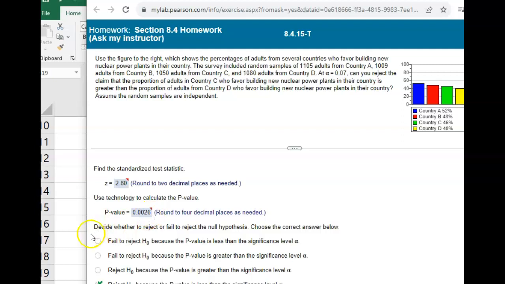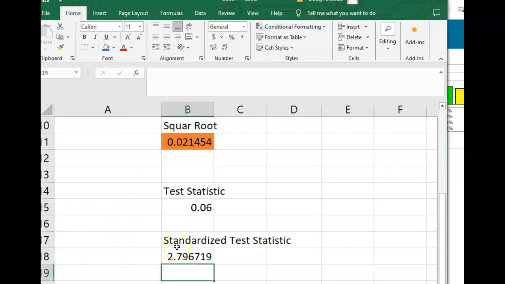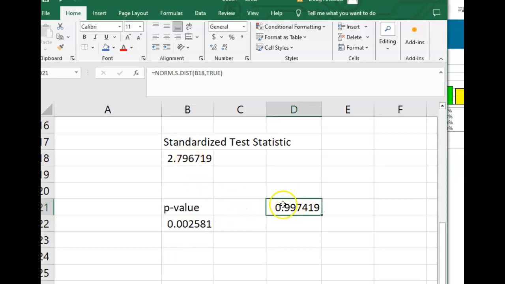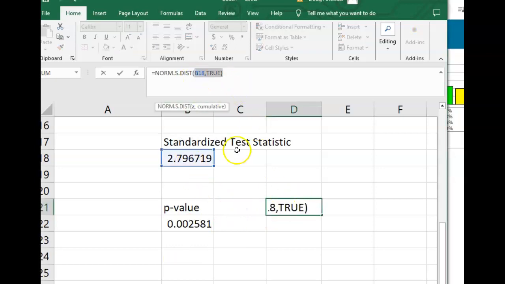Now the p-value is just using the correct formula here in Excel. Let me go ahead and type that out over here. It's norm.s.dist, and it's the probability of getting a value less than, or to the left of, that test statistic that we got.